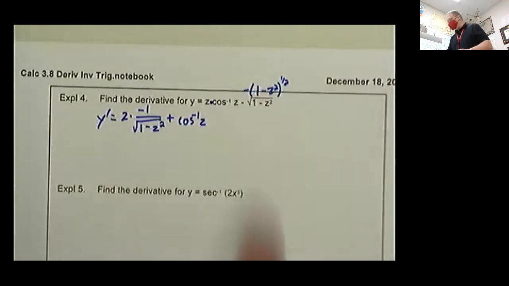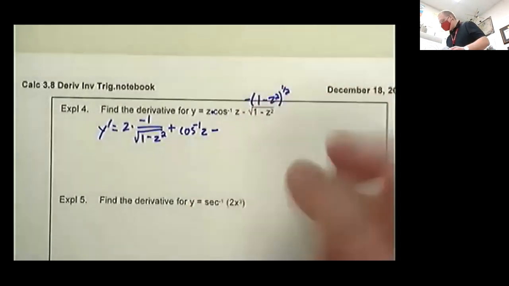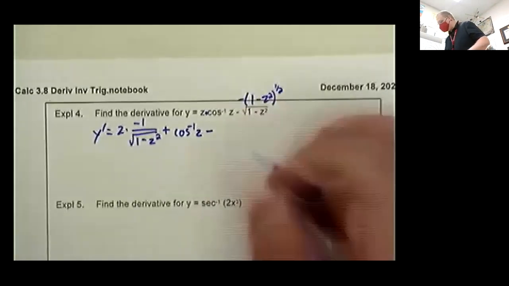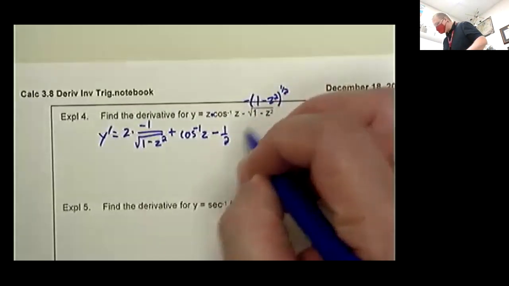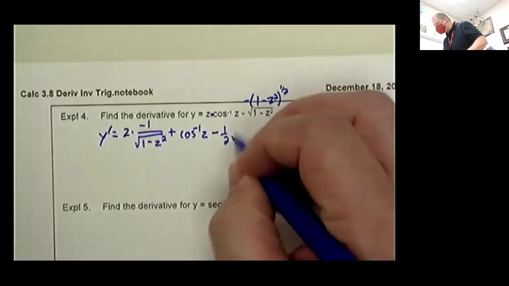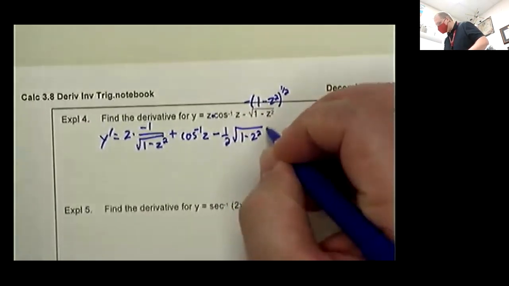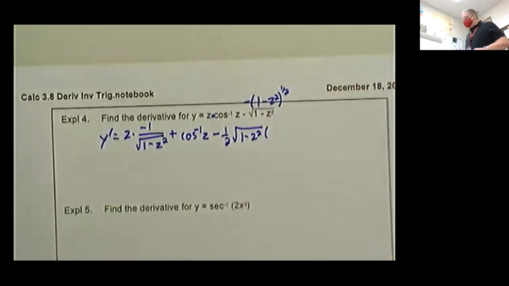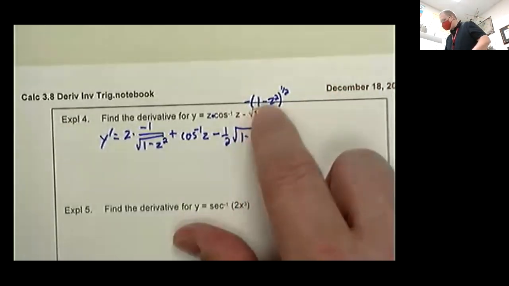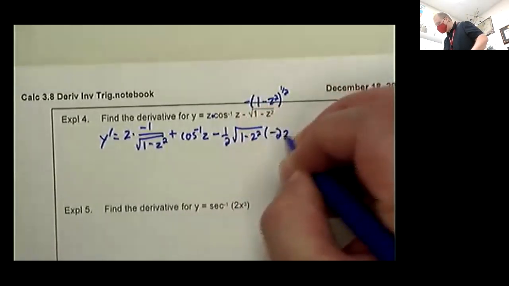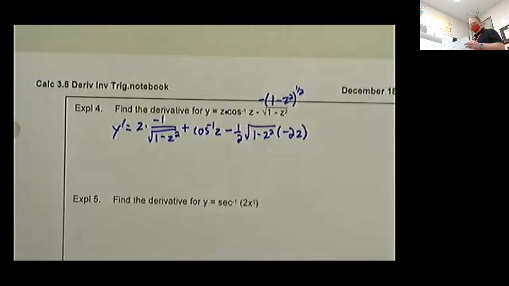Now we'll tackle the last term. And for this, we have to use the chain rule. So the 1/2 comes down, so minus 1/2. The square root stays the same, so square root 1 minus z squared times the inside. The derivative of 1 is 0. The derivative of negative z squared would be -2z. And we'll look and see, does anything simplify?